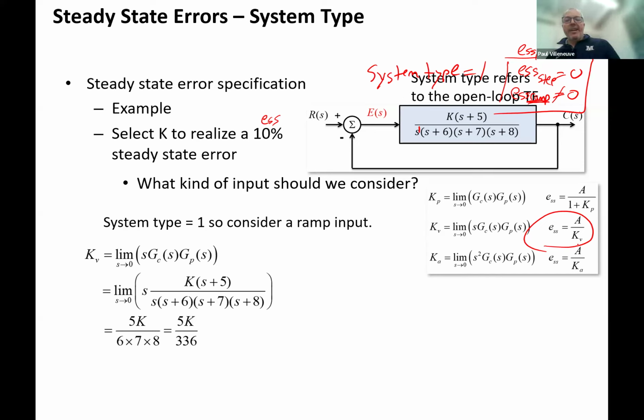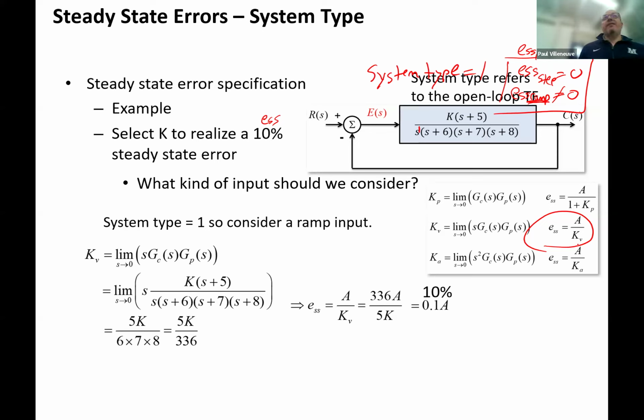So we'll go ahead and do our calculation using our limit function, and what we end up with is 5K divided by 336. Now we flip that around, or invert it, and we have 336 times A divided by 5K, and that needs to be less than 10%. Now, I said 10%, right?